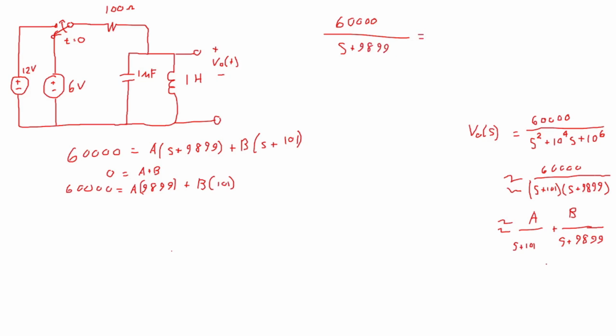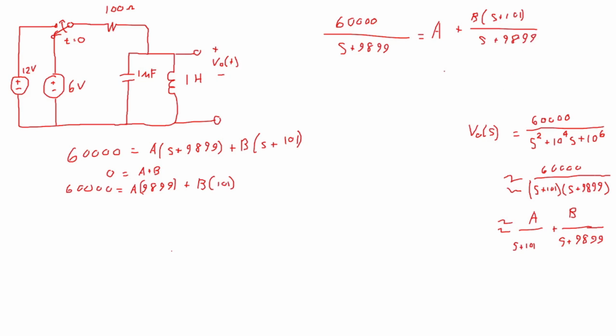And then on the other side, after I multiply by s plus 101, all that's left is a, whereas the b coefficient is then b times s plus 101 divided by s plus 9899. And again, this needs to hold for all s.